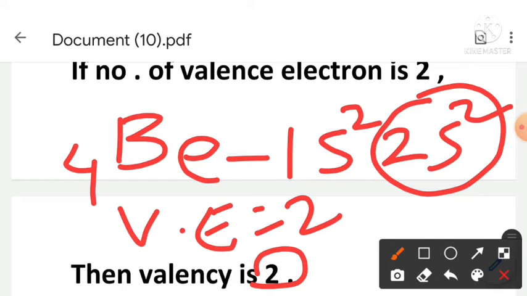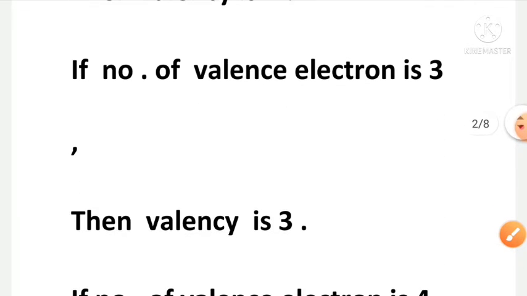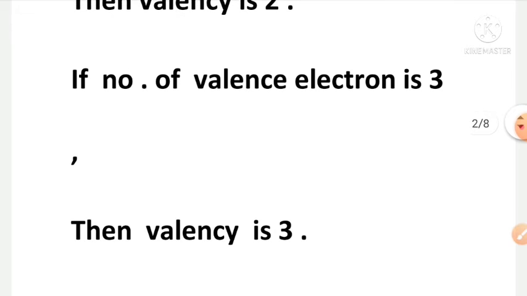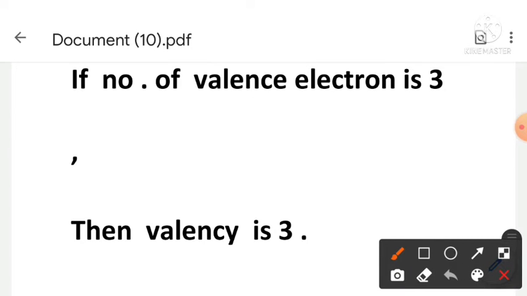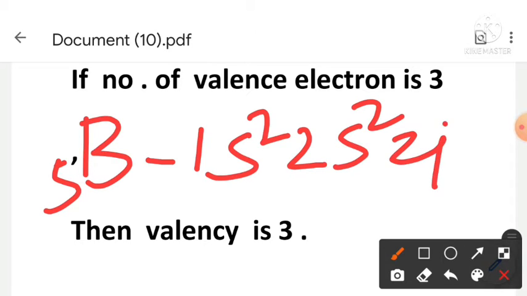Now we see the next condition. If the number of valence electrons is 3, then valency is also 3. Now we see here boron. We know that Z of boron is 5, so we write the electronic configuration 1s2, 2s2, 2p1.